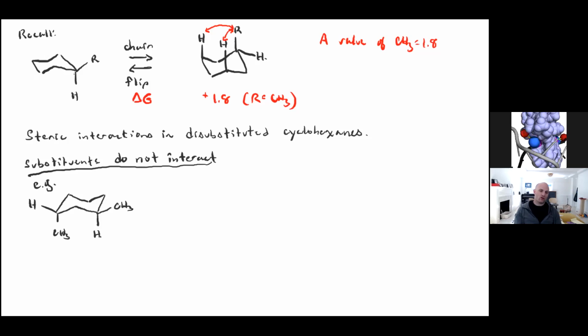And I can draw a chair flip for this molecule. And remember, the key point with the chair flip is that the axial substituents go equatorial and vice versa.